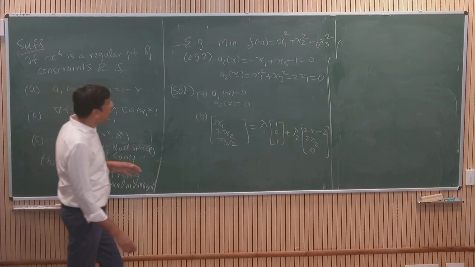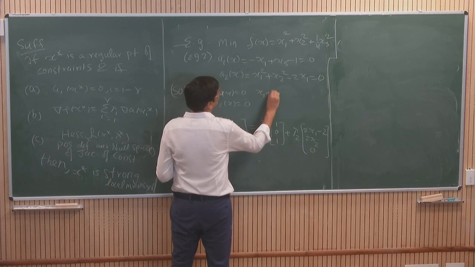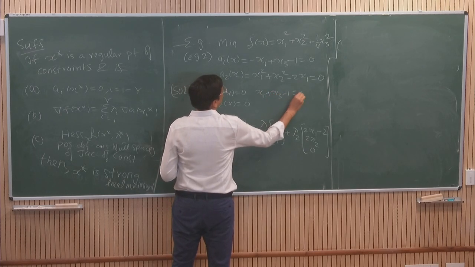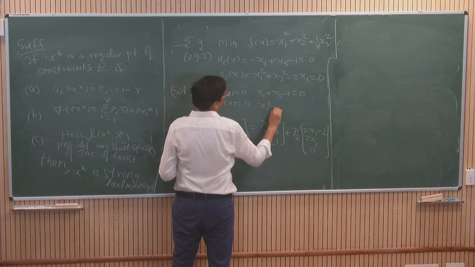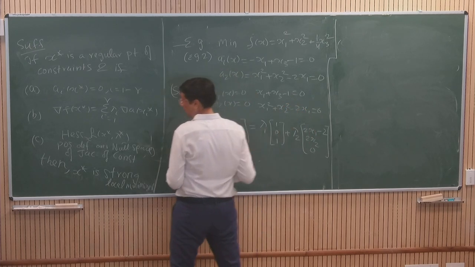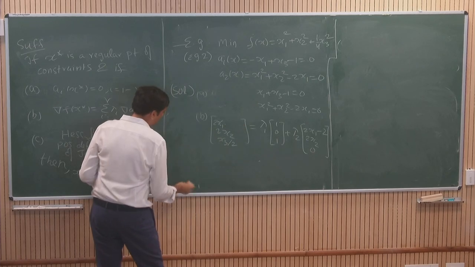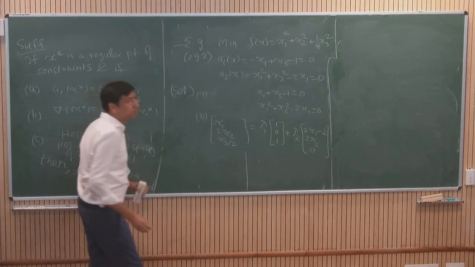So now you had these 5 equations and 5 unknowns: x3 minus 1 is equal to 0, x1 square plus x2 square minus 2x1 equal to 0. So when we solved for this, what did we get? The two candidates for minimizer.